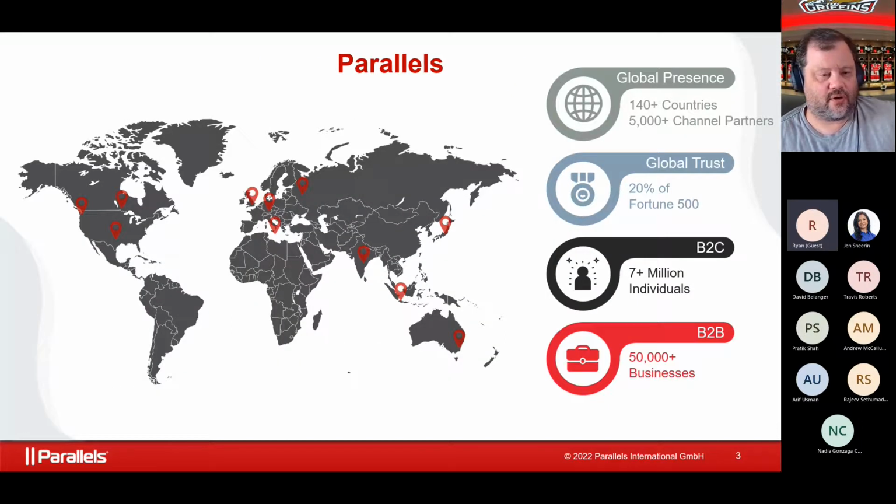So for those unfamiliar with Parallels, I threw this in. I know it's a marketing slide, and I know we all hate marketing slides, but Parallels is a large company. We have a ton of customers across the world, and one of the things that really separates us, that people like, when compared to a Citrix or a Horizon, is the simplicity with which you can easily set up a RAS environment and get it up and running.